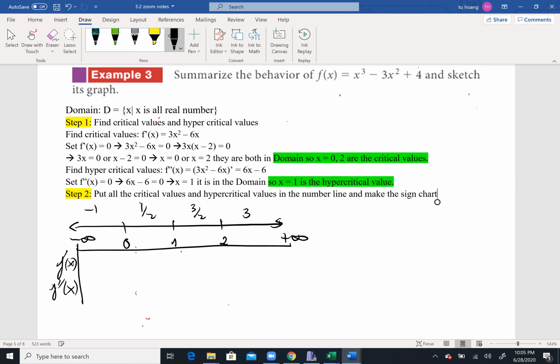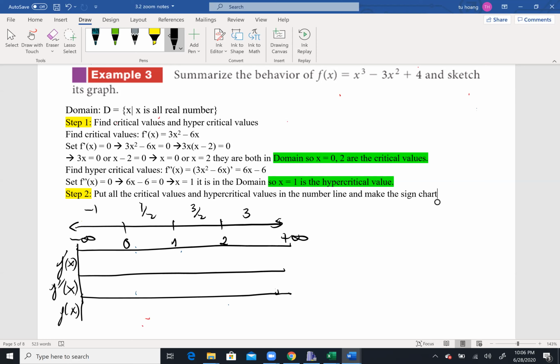This x, and then f(x). Okay, so now I'm going to have a separate line. You know that 0 and 2 are the critical values.